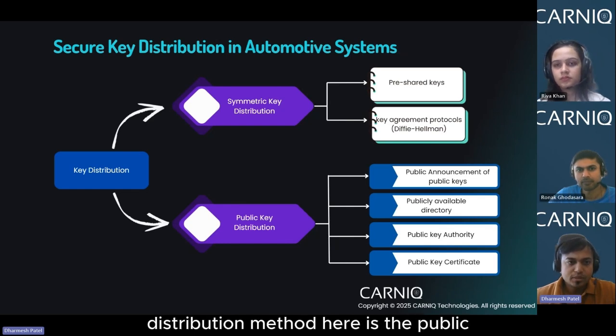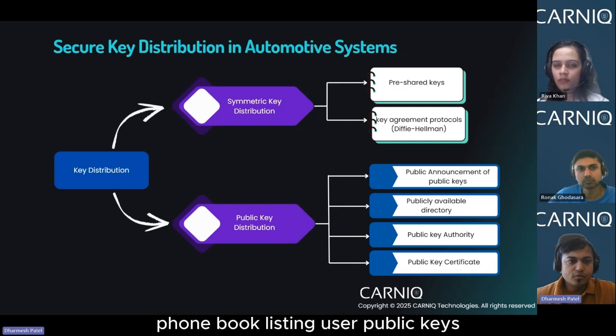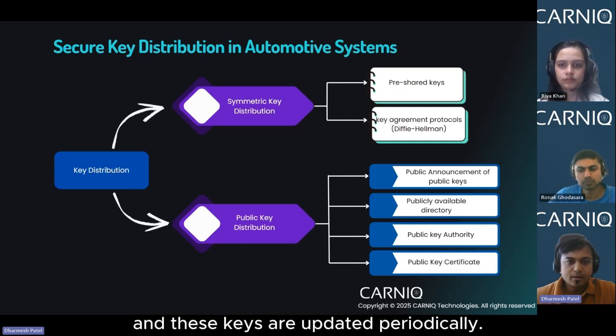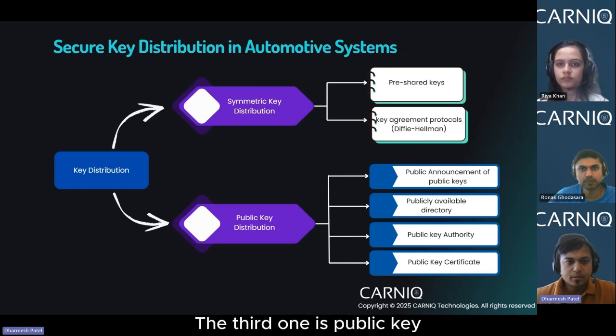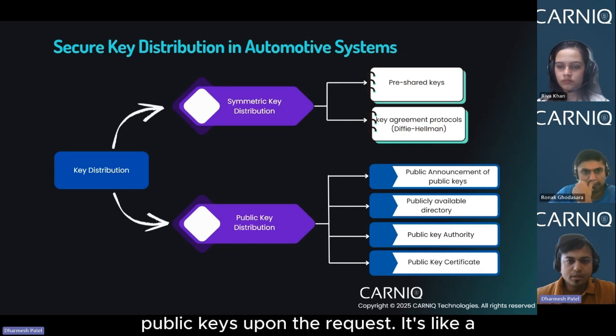The second distribution method here is the public directory. A trusted organization maintains a centralized directory, like a phone book, listing user public keys, and these keys are updated periodically. The third one is public key authority. A live central authority dynamically verifies and distributes the public keys upon request.